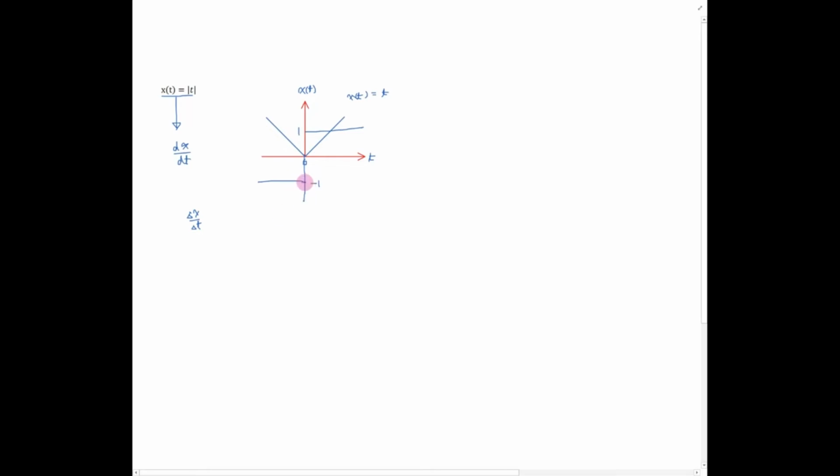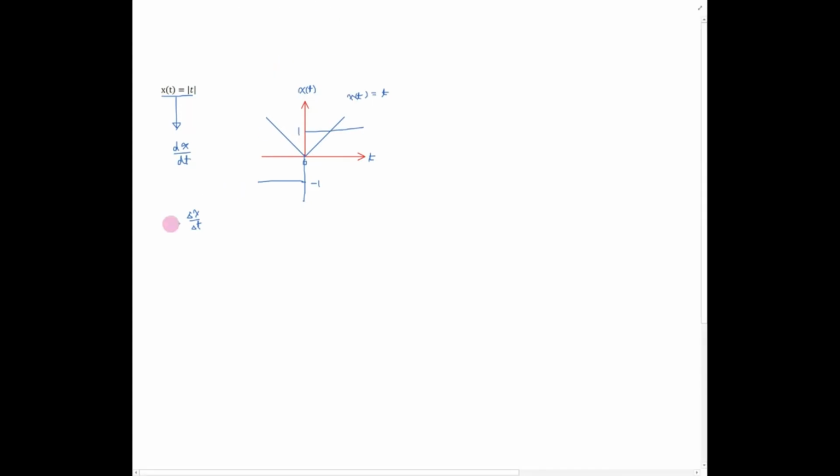So the left side and the right side have different differentiation. In this case, we take delta t going to 0, taking the limit. But there are two different limits. One is approaching from the left side toward 0, and then the differentiation value is still minus 1.